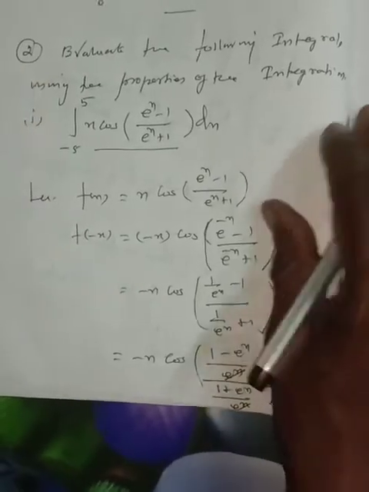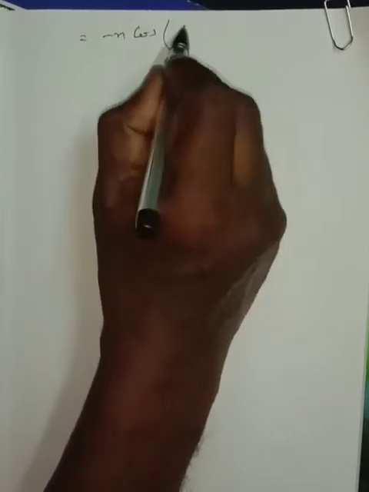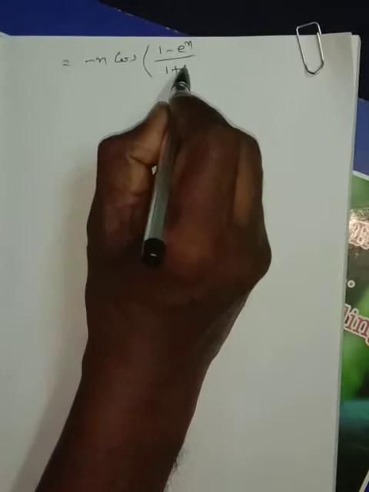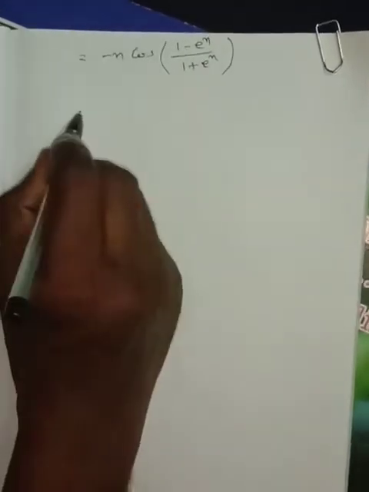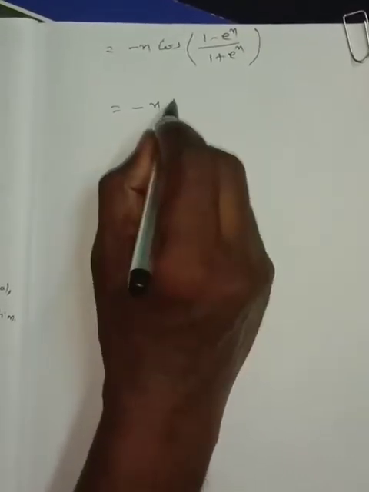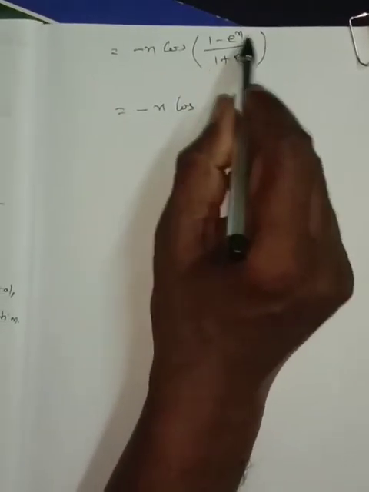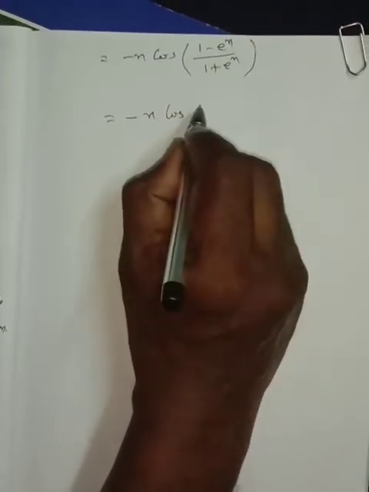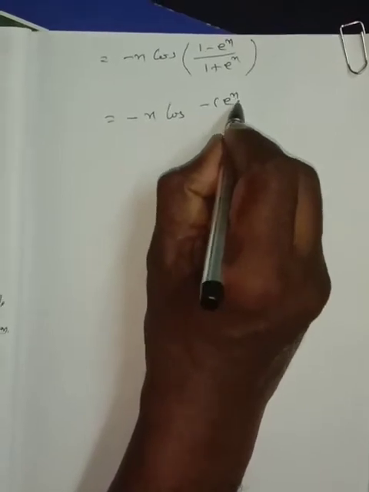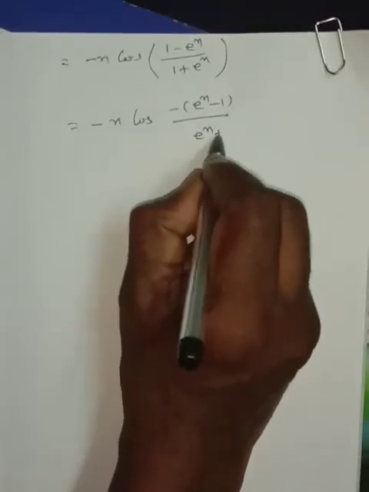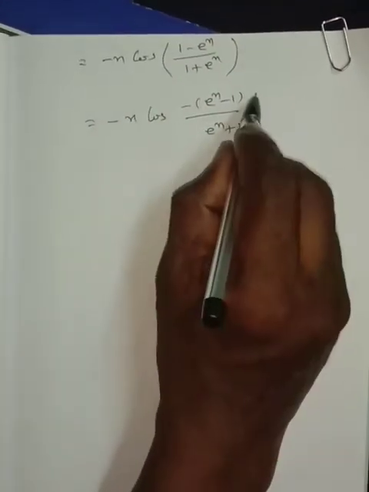e to the power of x cancels, so it is minus x cos of 1 minus e to the power of x divided by 1 plus e to the power of x. The numerator 1 minus e to the power of x can be written as minus of e to the power of x minus 1, divided by e to the power of x plus 1.